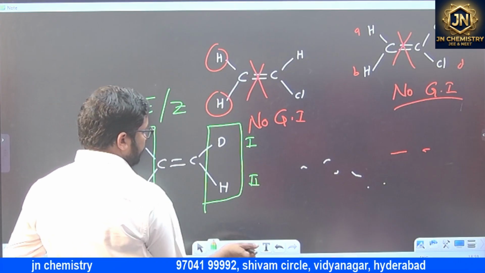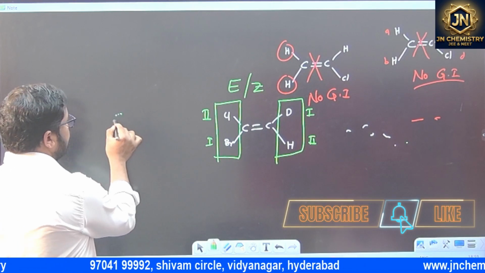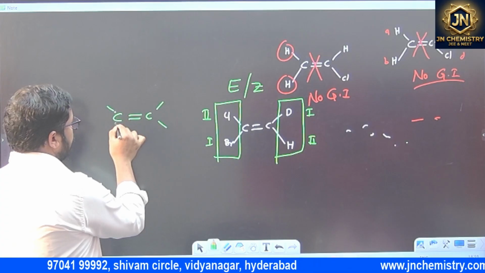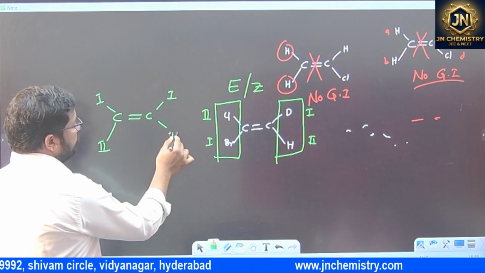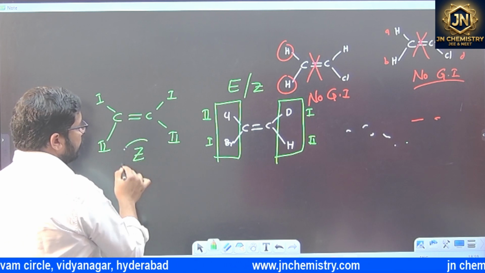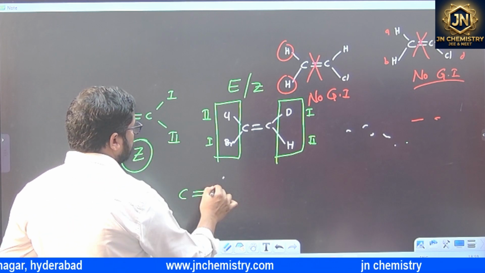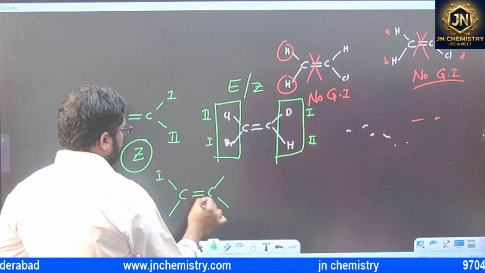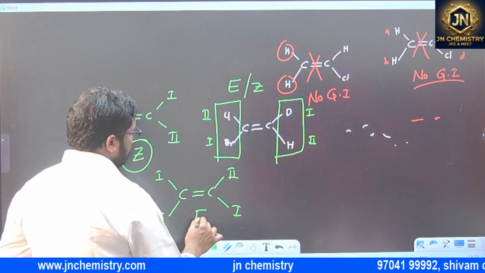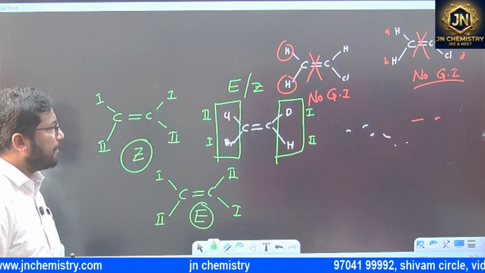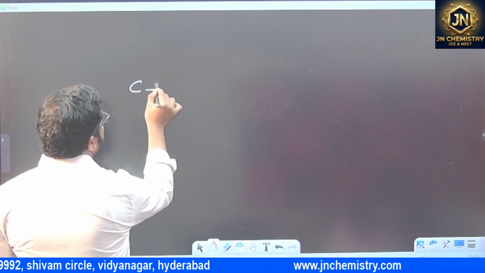I told you, if it is cis type, with one and two on the same side, we say Z. If they are in opposite directions, one and two, this is E. I already told you about this. Now, just a quick revision.